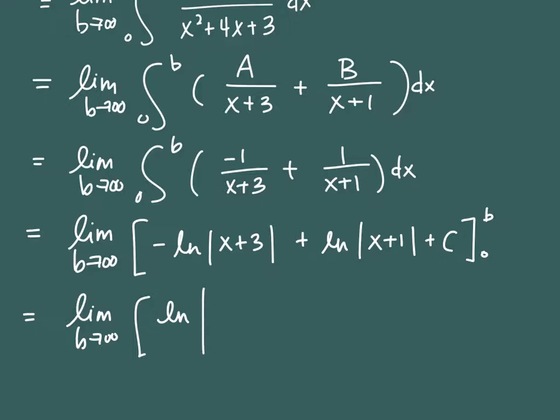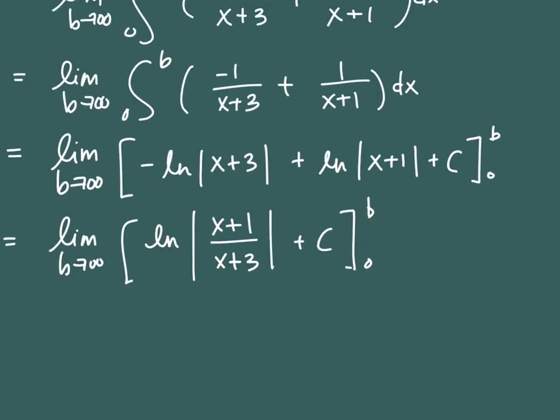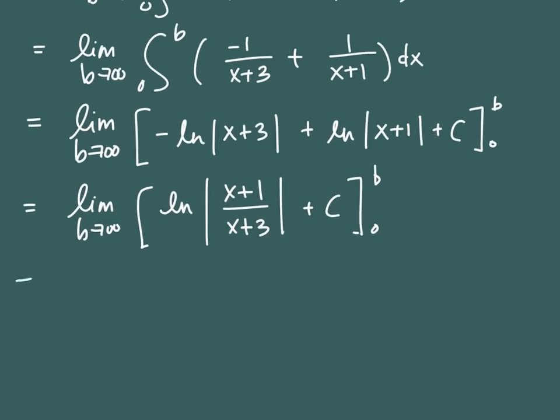The x plus 1, and then the x plus 3 on the bottom, plus c from 0 to b. So now we can plug in. We're going to have the natural log of infinity plus 1. No. I've got to divide through by the highest power of x.